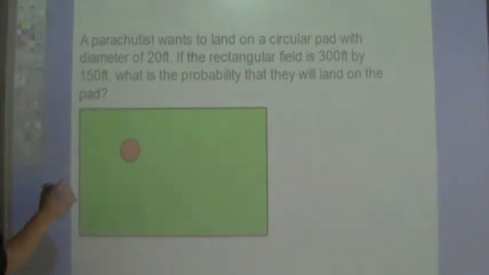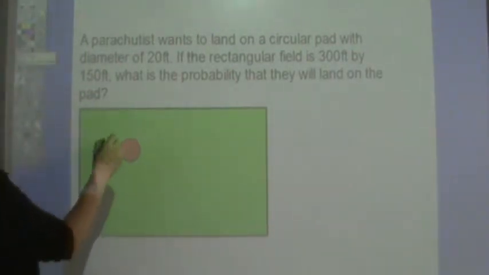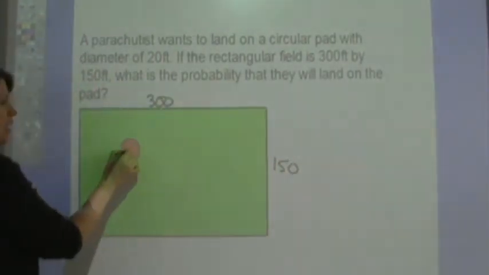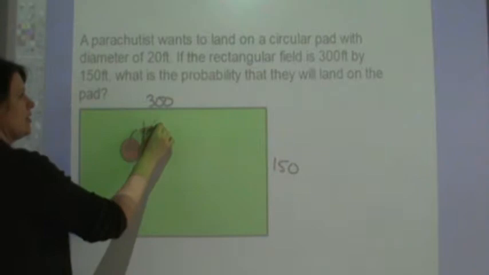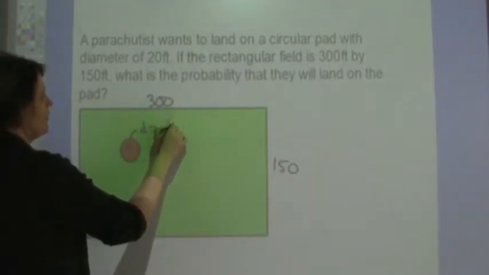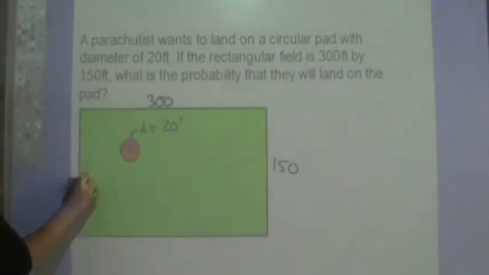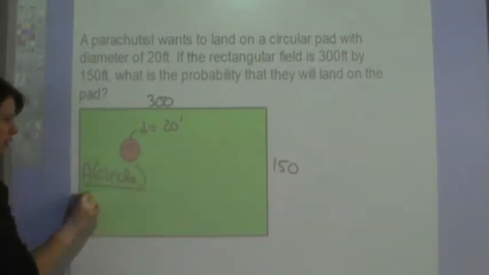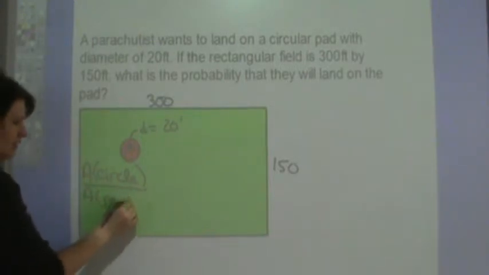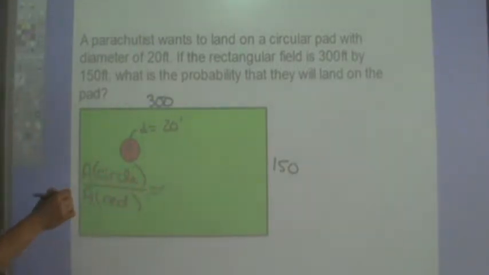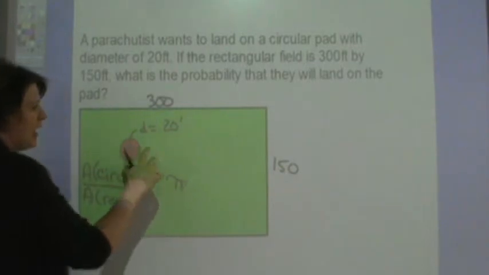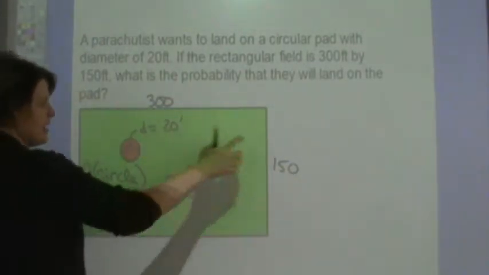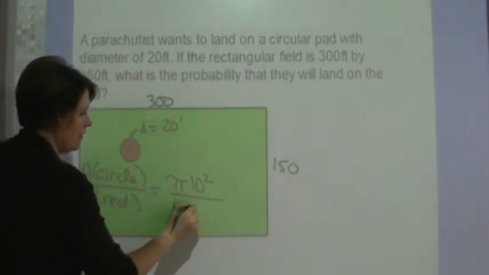So we're going to take the area of the circle over the area of the rectangle. Area of a circle is pi r squared, so we have pi, my radius would be 10, squared, over the area of the rectangle, which is 150 by 300.